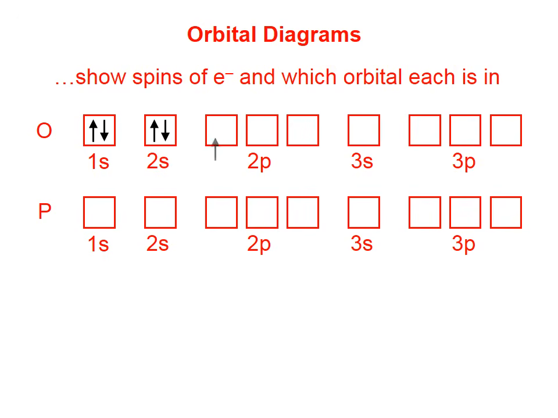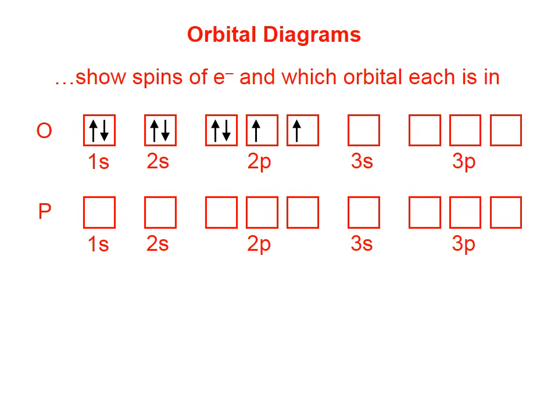But that would violate Hund's rule. So the way we need to do this is we need to go up, up, up, and then electron number 8 needs to go down. It could go anywhere in the 2p orbitals, but typically the one on the left is chosen. That's how you draw an orbital diagram for oxygen.